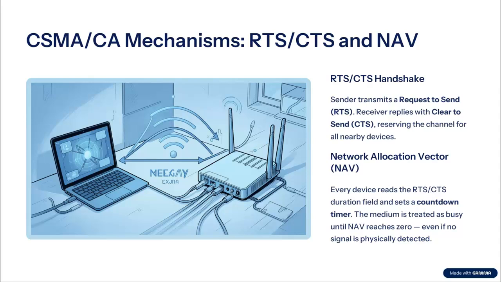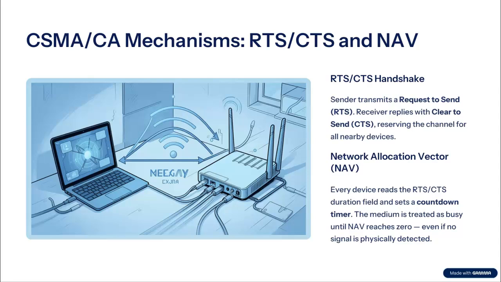Right. So along with RTS/CTS, there is the NAV, which stands for Network Allocation Vector. In the RTS/CTS handshake, the sender transmits a request to send. The receiver replies with a clear to send, reserving the channel for all nearby devices. What is this network allocation vector?